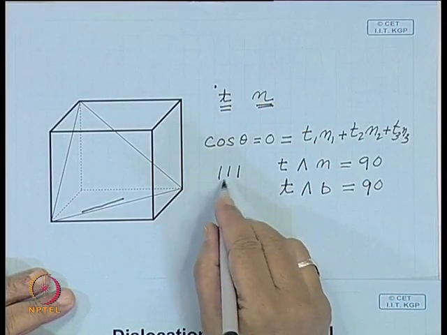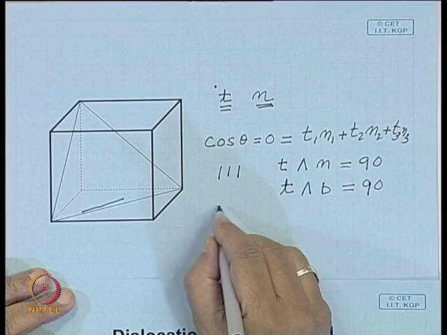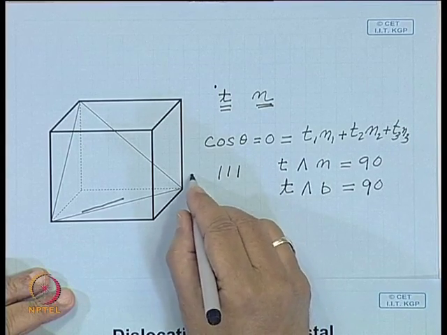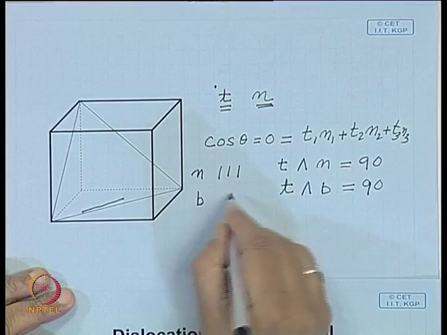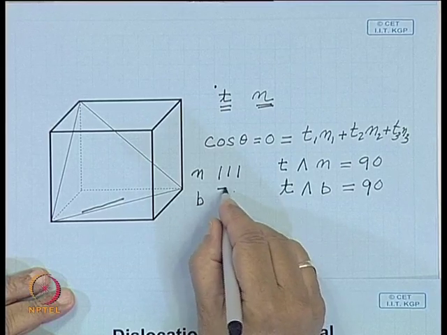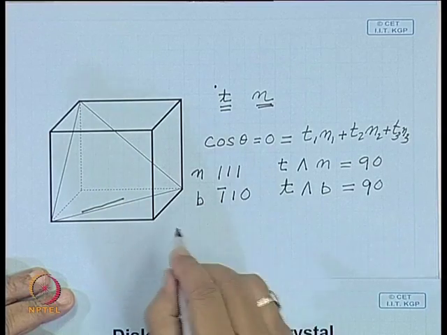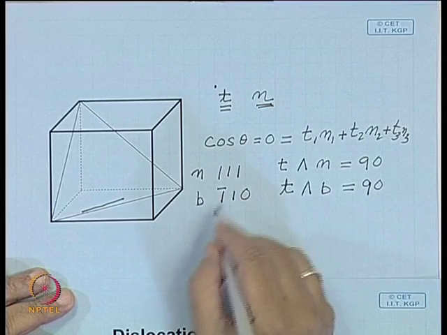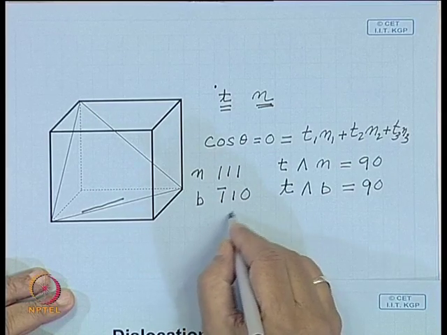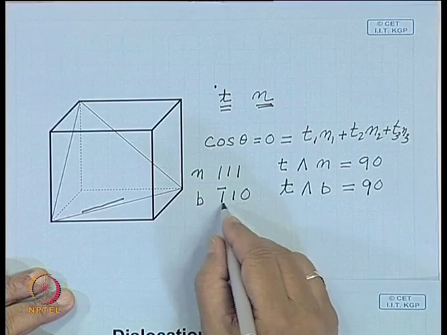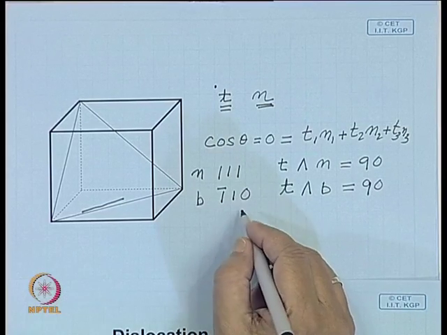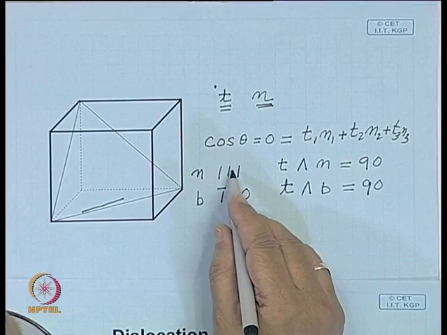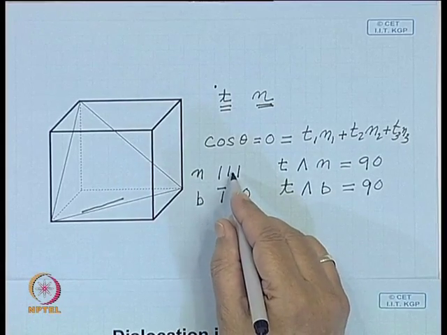Basically, one option is, say this is the Burgers vector, this is the plane n, the Burgers vector is 1 bar 1 0. So, you can think of another plane which is perpendicular to this as well as here.